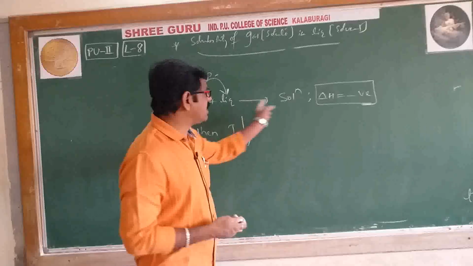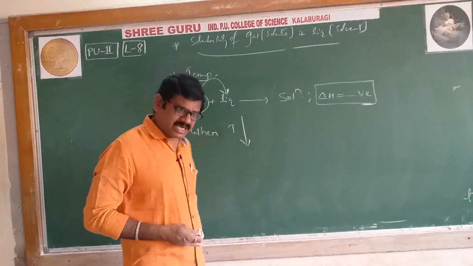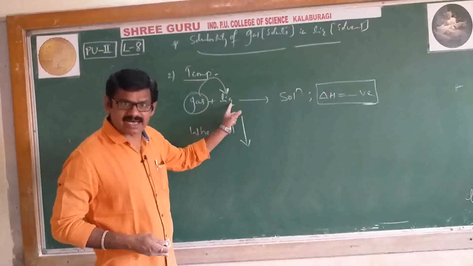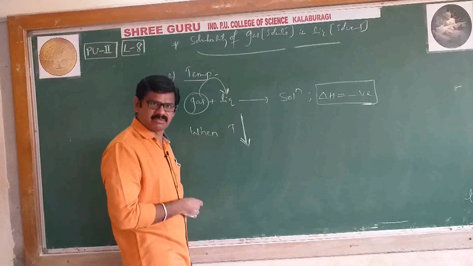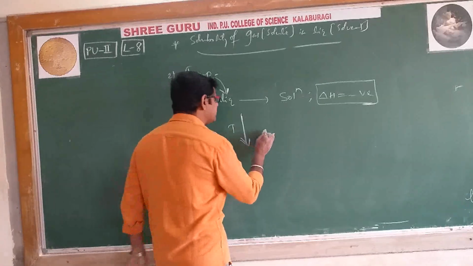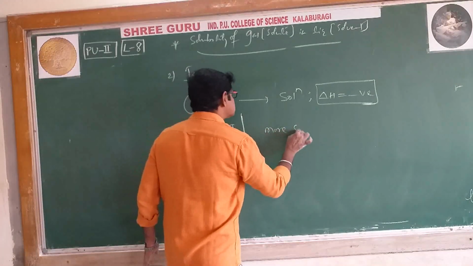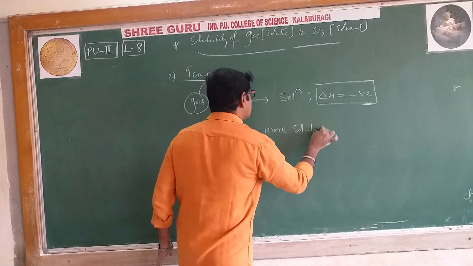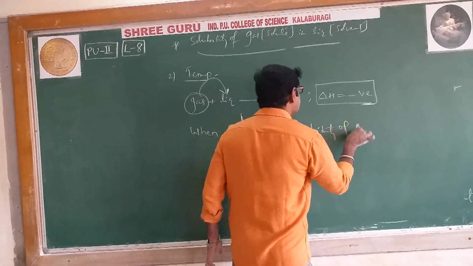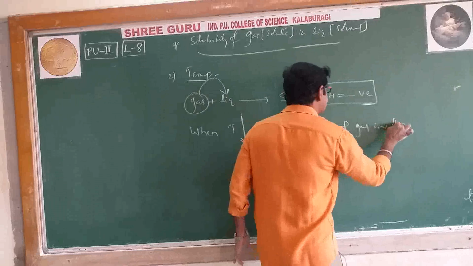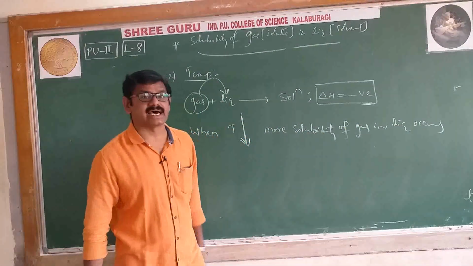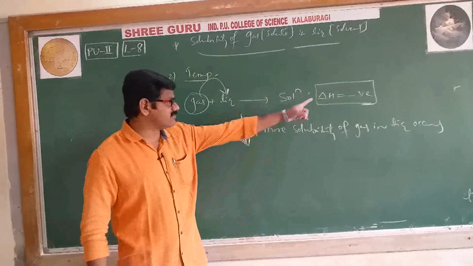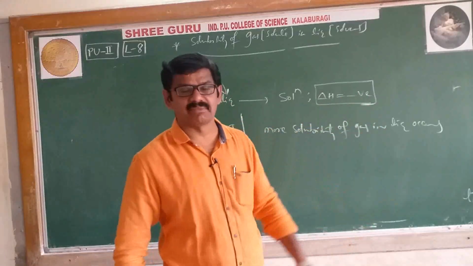Means here the forward reaction takes place, means dissolution of gas in liquid takes place more when temperature decreases. Remember, when temperature decreases, more solubility of gas in liquid occurs, because it is always an exothermic process.